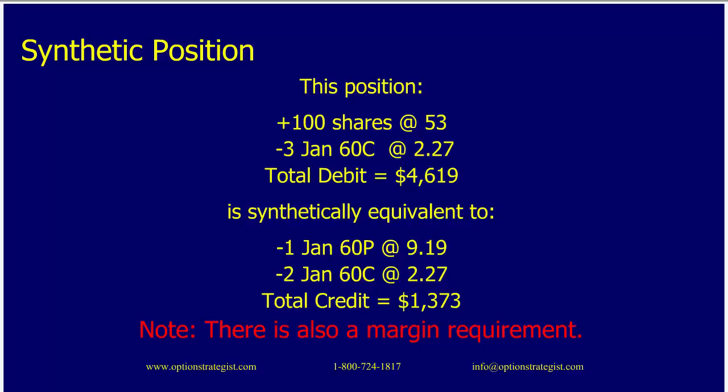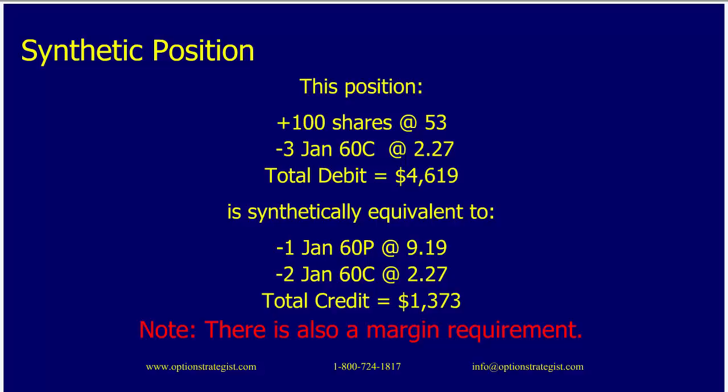And what else? Okay, what I wanted to talk about, the position that I put on, that I was showing you, buying 100 shares at 53 and selling 3 of the Jan 60 calls at 227 had a total debit of 46.19. Well, if you're familiar with synthetics, and again, it's one of those topics I can't talk about today because I could talk for an hour easily about synthetic positions, but that position is synthetically equivalent to this position.